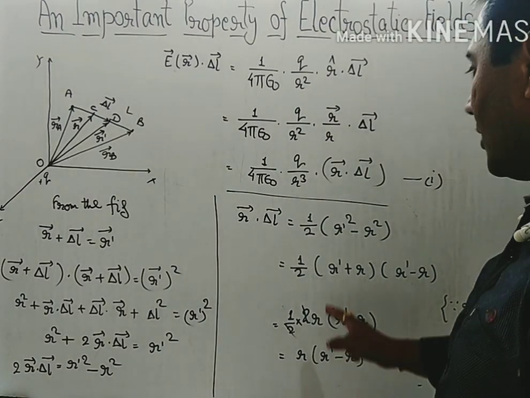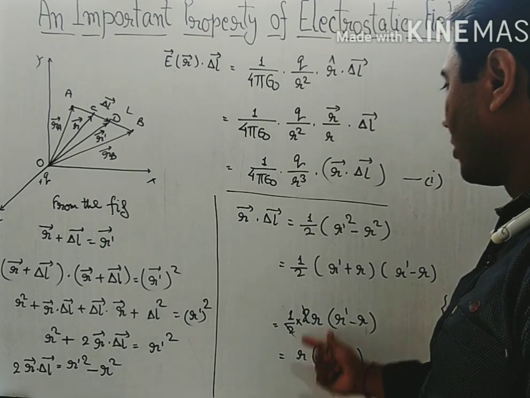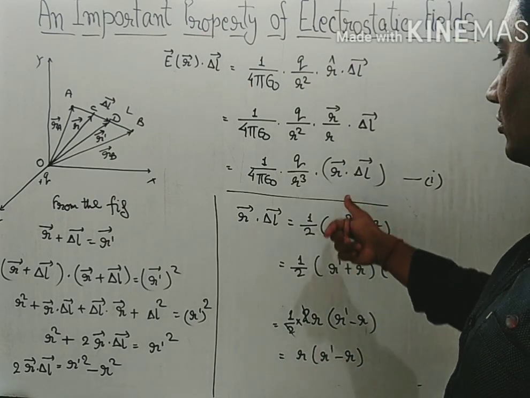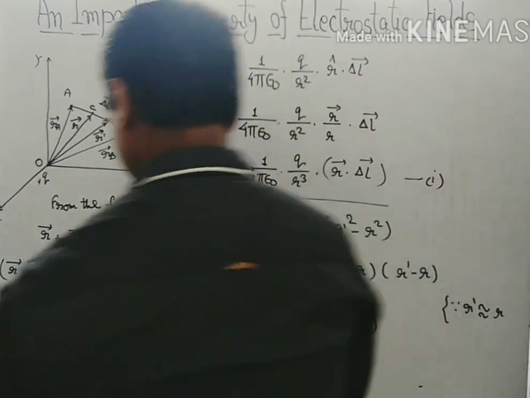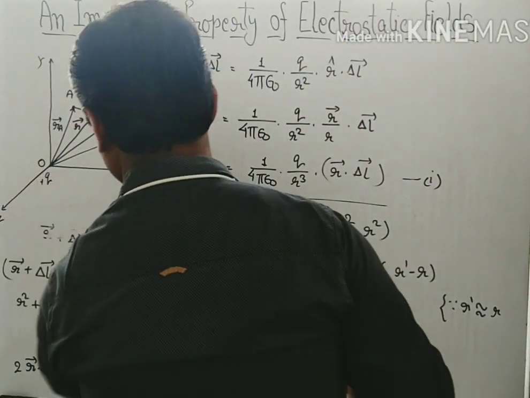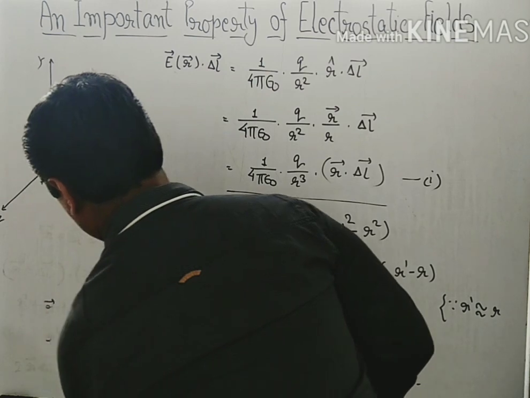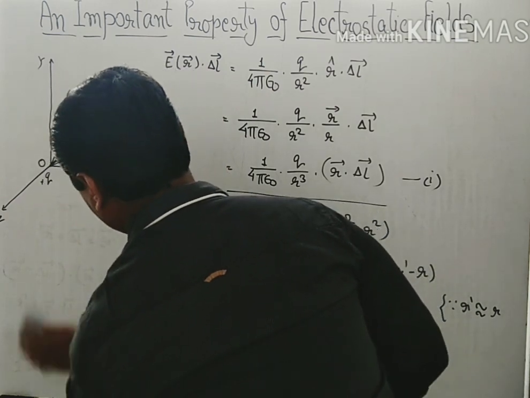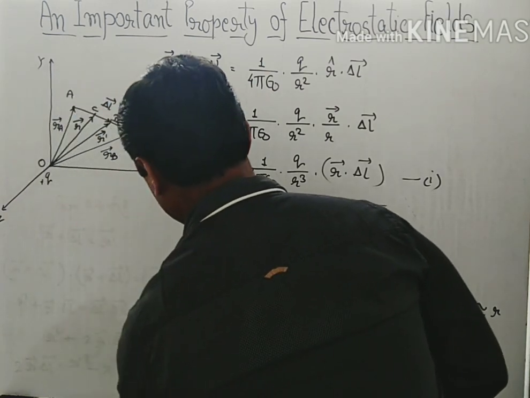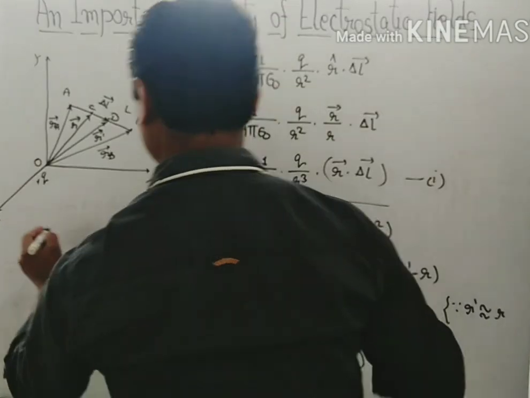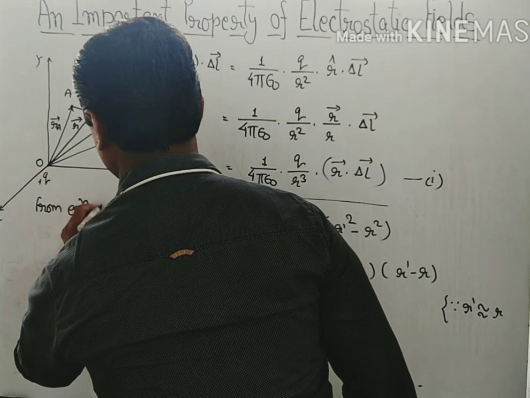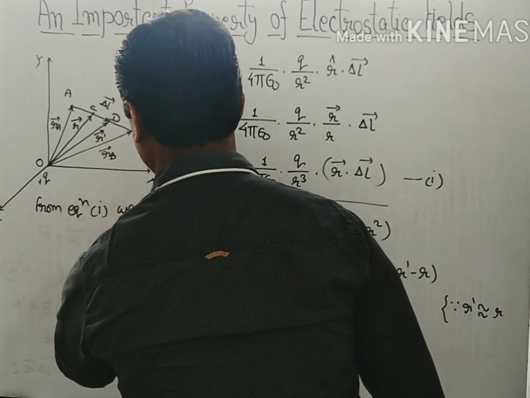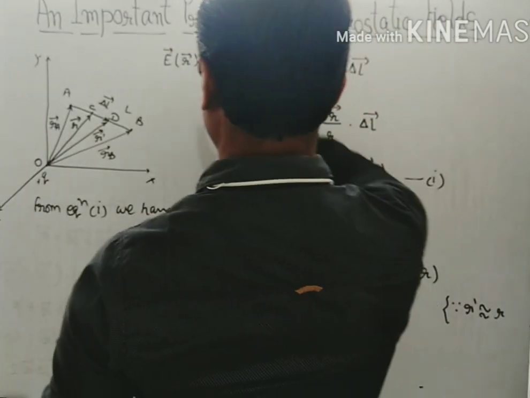So just now we can have this value back here in this position. Here now we come back to equation number 1. From equation 1, what do we have?